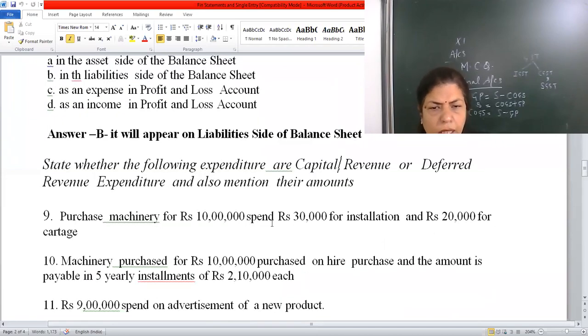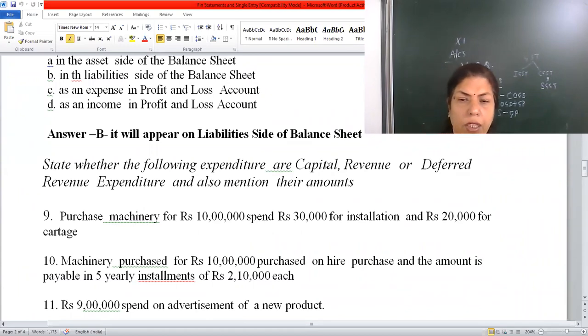Now see, purchase machinery for rupees 10 lakh, spend rupees 30,000 for installation and 20,000 for cartridge. Machinery purchase, that is capital expenses.